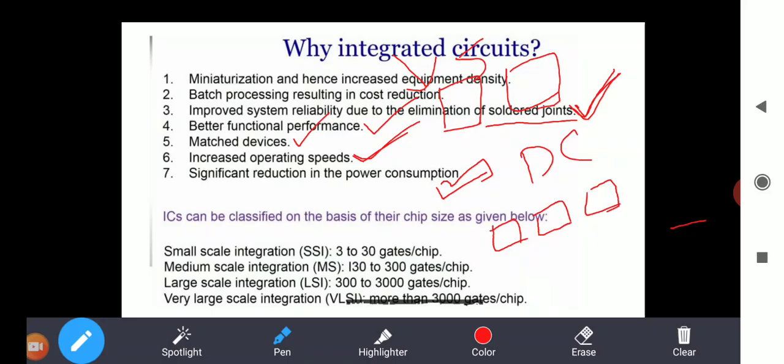Another system turns on in 20 seconds. Which system do we want? We want 5 seconds to turn on the system. We desire to have that, lower operating speeds.